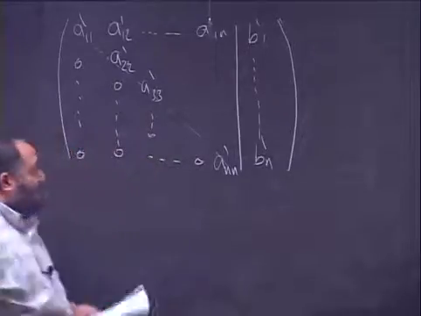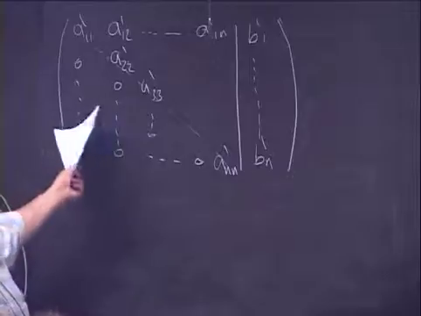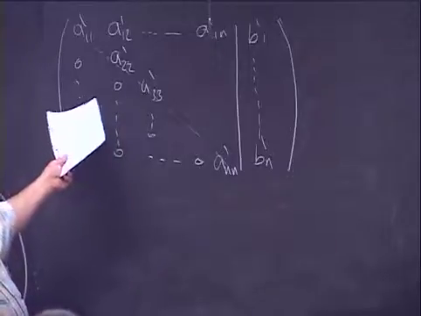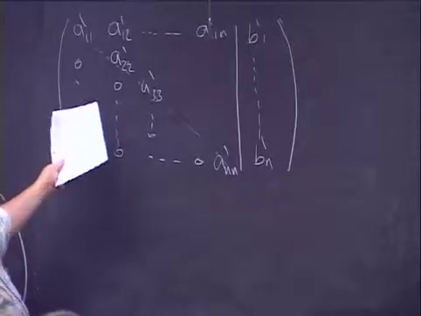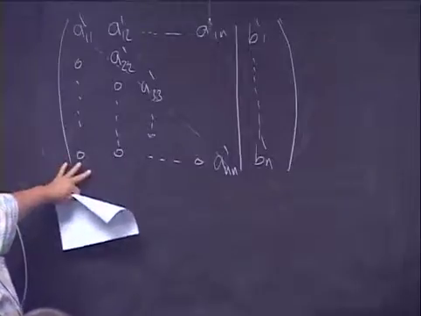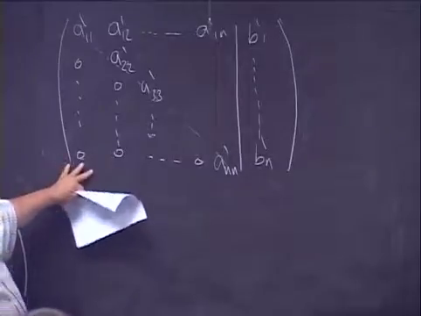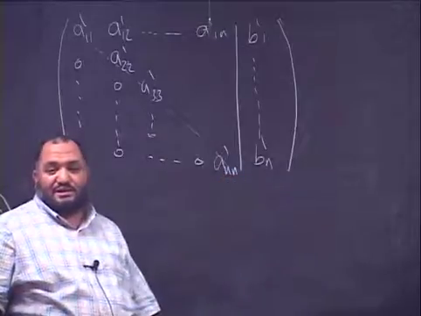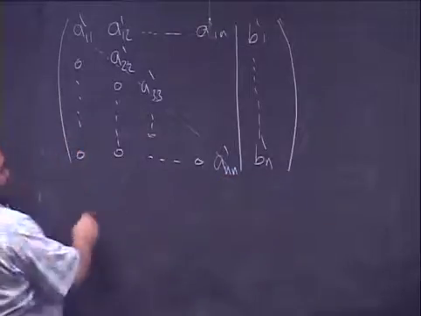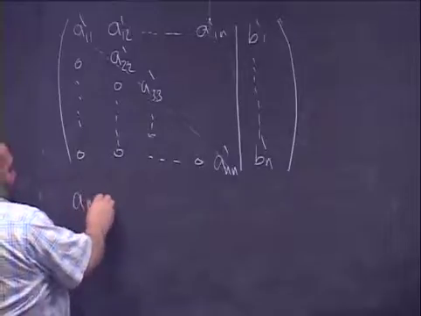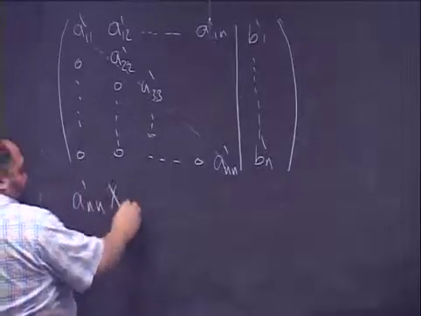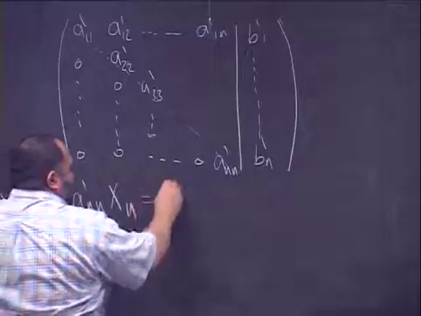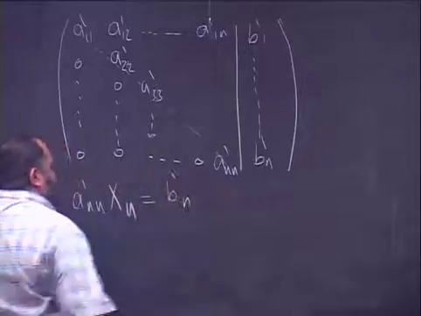So now you reduce the initial augmented matrix to an echelon matrix or a triangular matrix, and you have only one element here at the end. So this element states that Ann prime multiplied by Xn is equal to what? Bn prime.